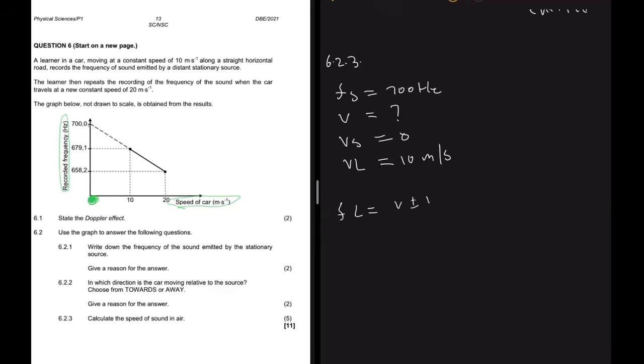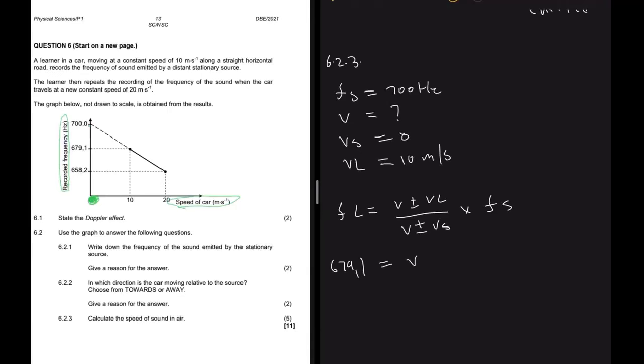We have FL equals V plus or minus VL divided by V plus or minus Vs, multiplied by the frequency of source, right? The frequency observed by the listener when the speed of the car is 10 meters per second is 679.1, which equals this V, which is what we are interested in, the speed of sound in air.